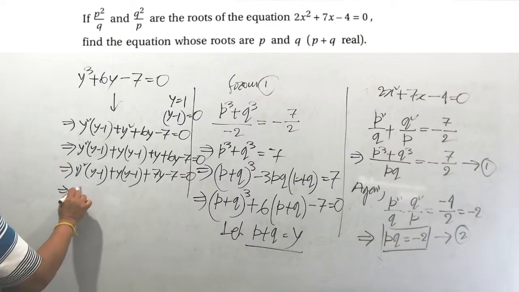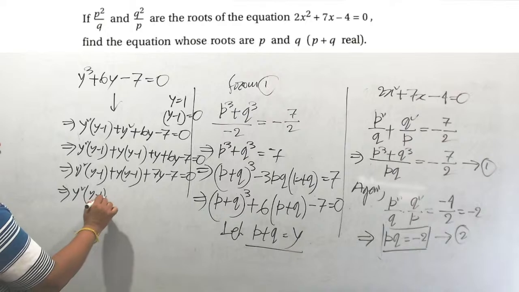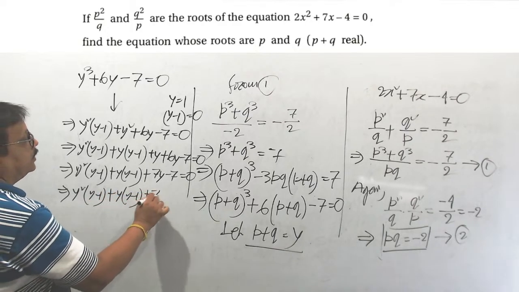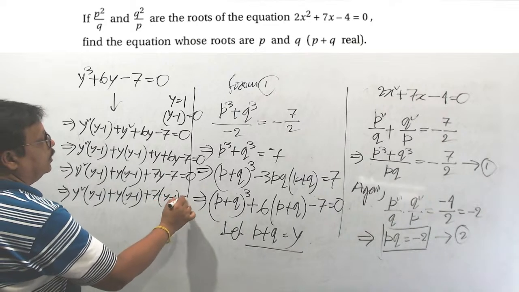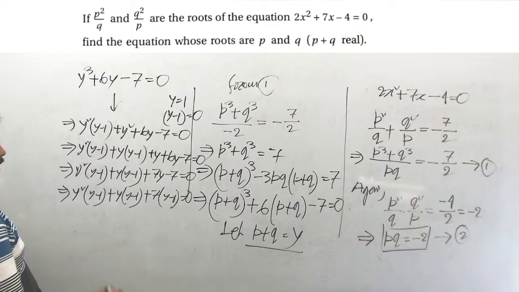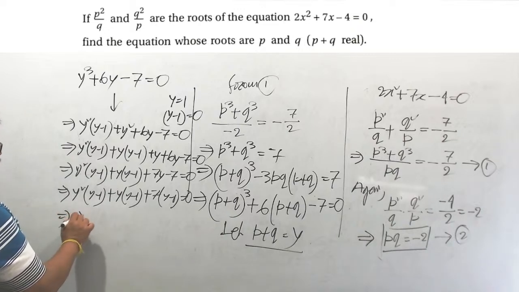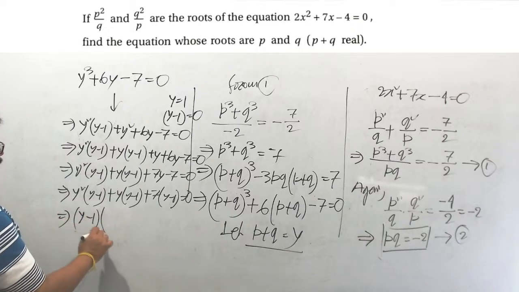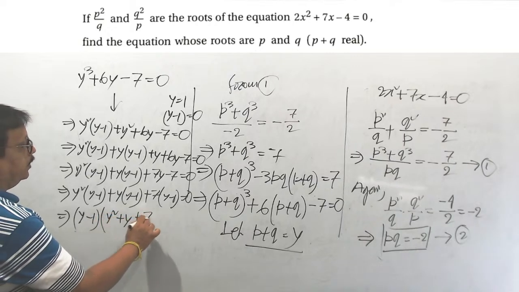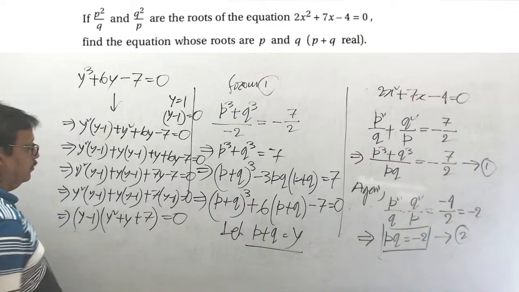This implies y square into y minus 1 plus y into y minus 1 plus 7y minus 7 equal to 0. Take common 7 into y minus 1. Understood? This implies y minus 1, take common, y square plus y plus 7 equals to 0.